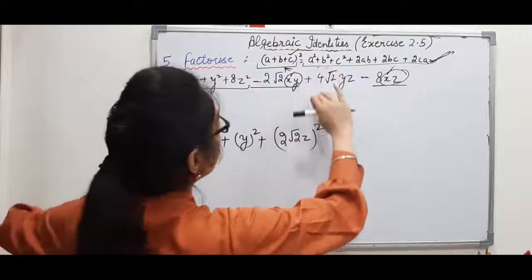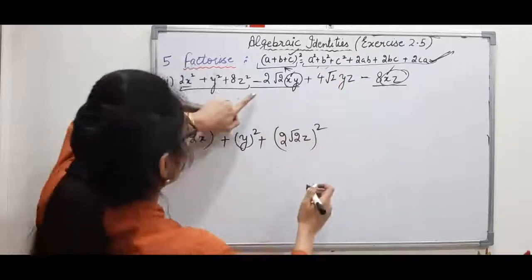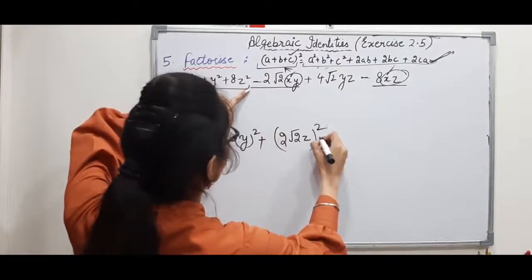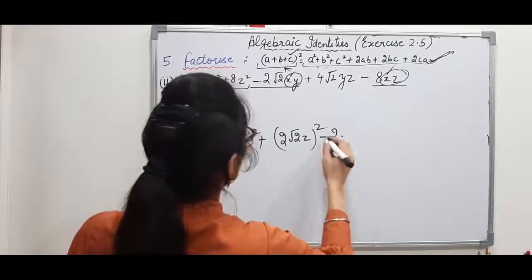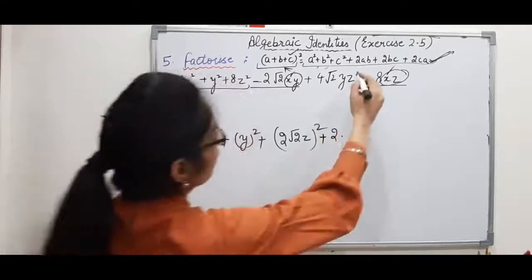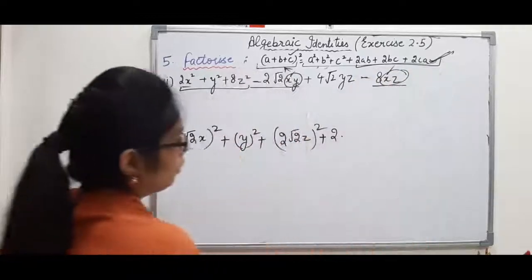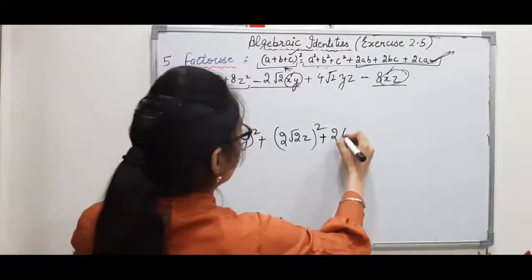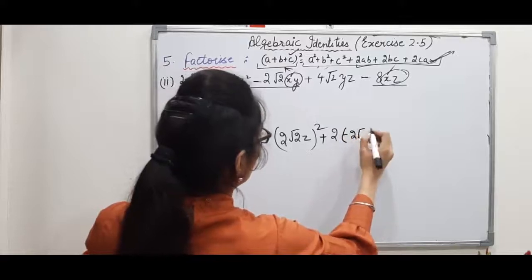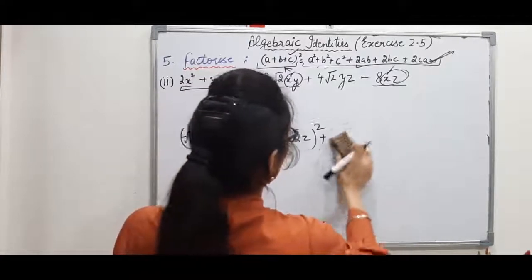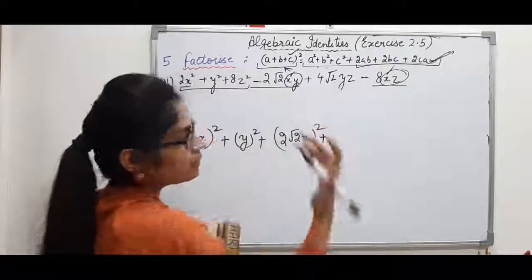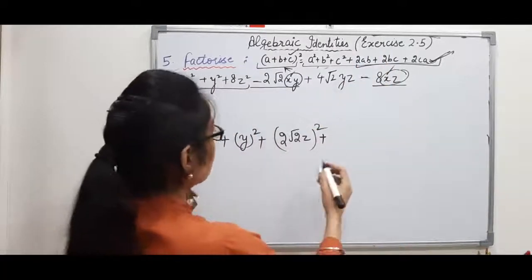Now we can write this expression also. So this I can write: minus 2 into, so plus we will write because we have to write in this way, plus 2 into a, which is minus root 2x. So you can just refer to this expression and write down the values of a, b and c.